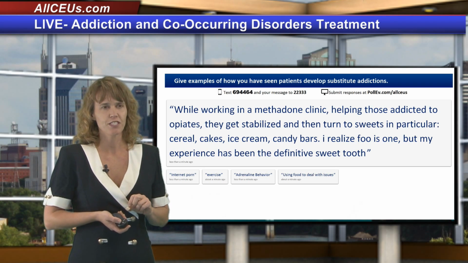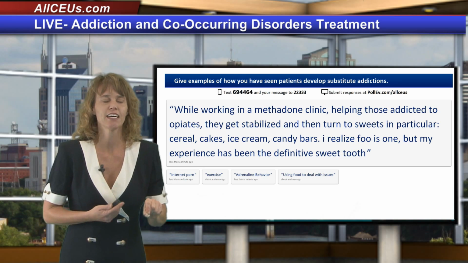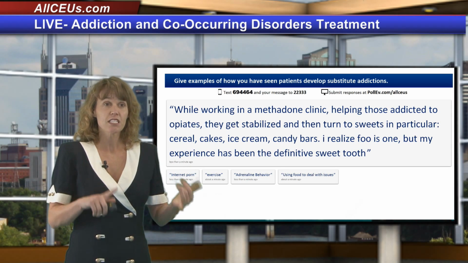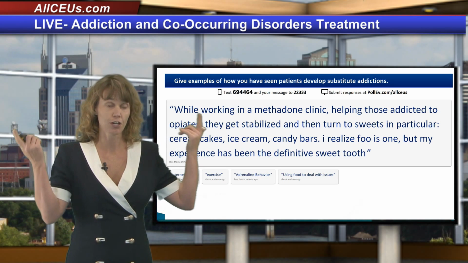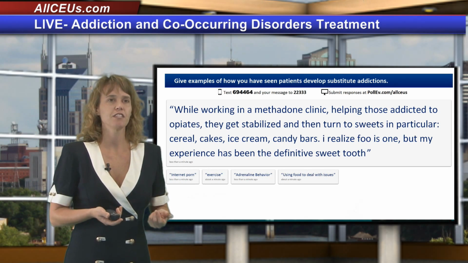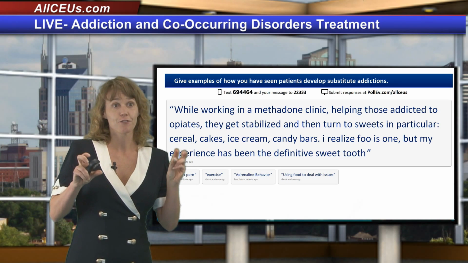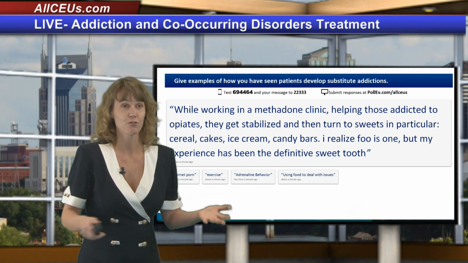the definitive sweet tooth. Okay, so carbohydrates have a really interesting place because not only are carbohydrates used in the manufacture of serotonin, so the body needs them, but we've also conditioned a lot of these foods, our comfort foods, over the years have been carbohydrate-based foods.